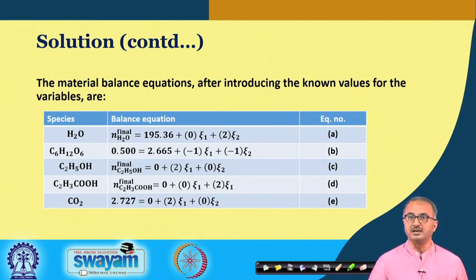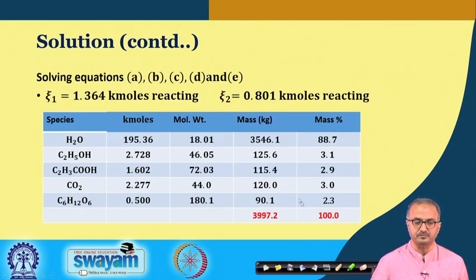On the other hand, ethanol and propionic acid will be there in only one of the reactions. Some of them are coming in both reactions, and these are independent reactions. So, we have independent zeta 1 and zeta 2, and here we are naming the equations.